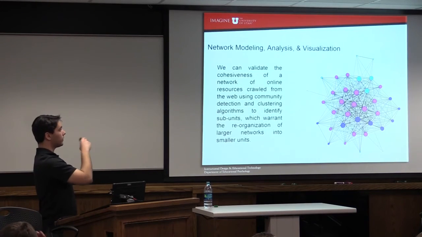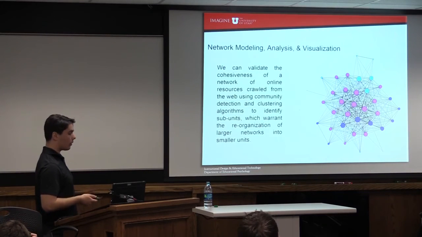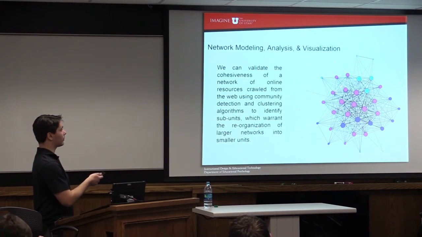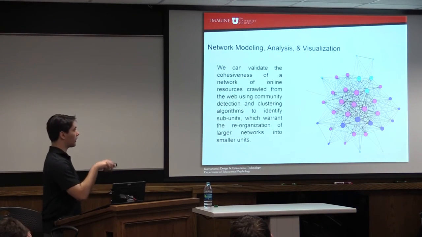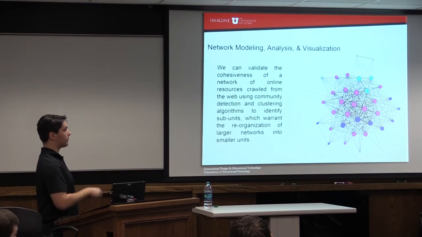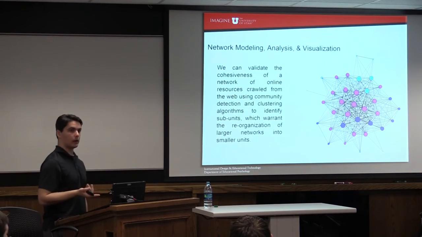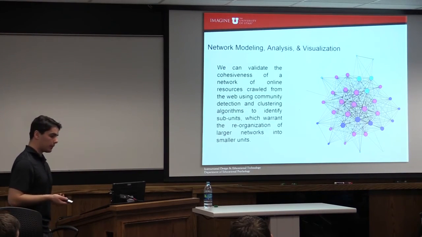Now you can see here, this figure shows a visual representation of the network of online resources. All the little nodes here represent web pages that we've crawled from the web. And again, we do some text mining analyses to interrelate each of these nodes in terms of these little links that are weighted on the basis of, in this case, the cosine similarity, which is the amount of overlapping words between each of these pages.